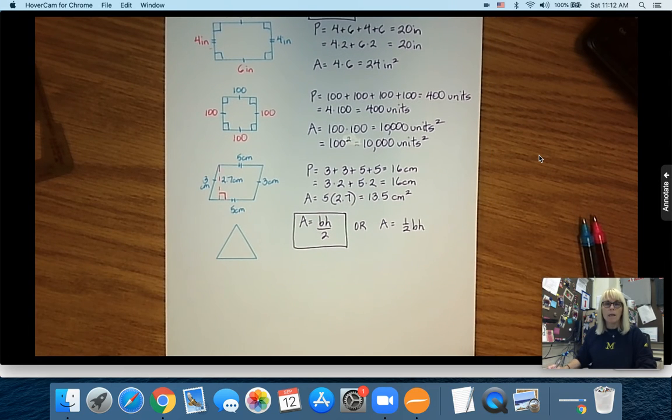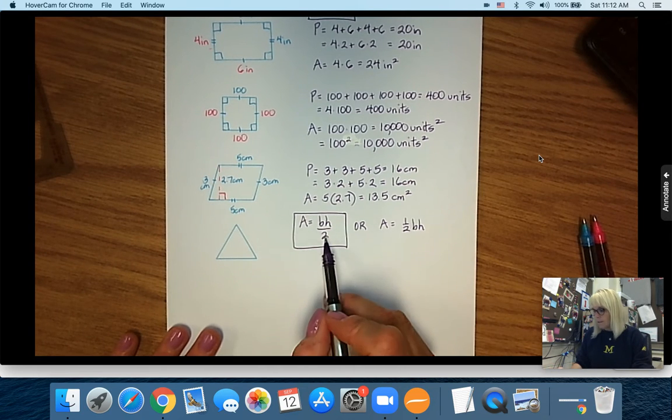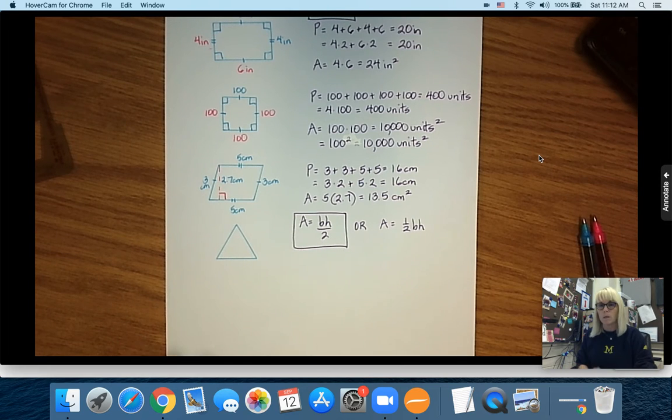And I don't know why it is, but not just kids, pretty much everyone in the world finds it easier if I divide by 2 instead of multiplying by 1/2. Not sure why. I'm not here to question it. I'm just telling you what my 30 years of research has provided.